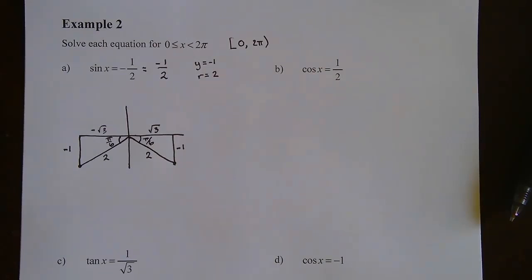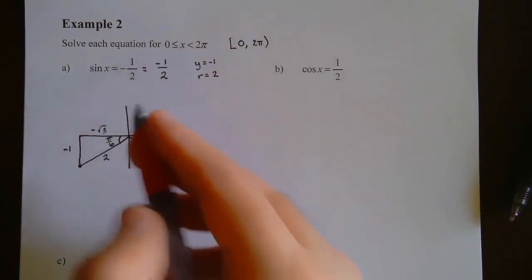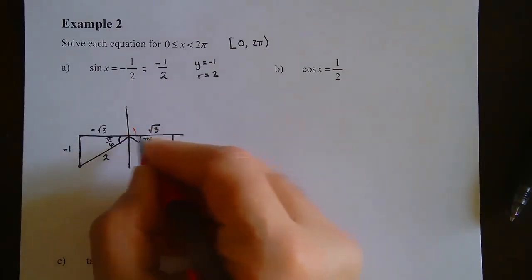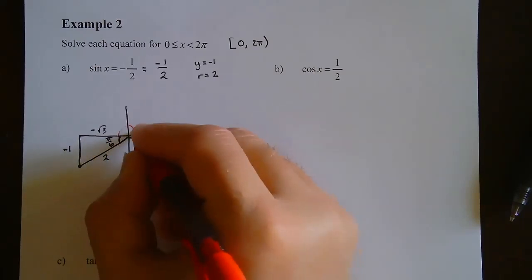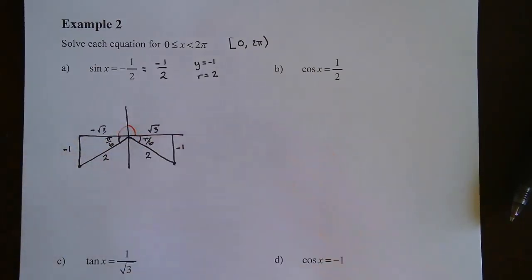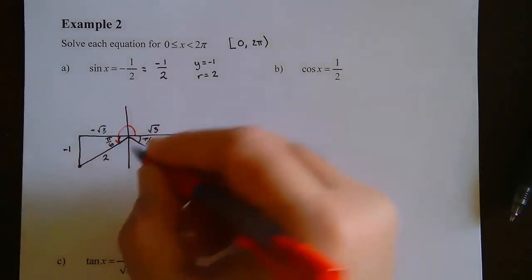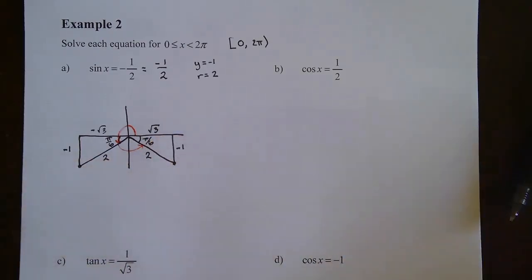What's my angle of rotation? My angle of rotation is this x value. So I'm going to rotate from the positive x-axis, because that's angle 0, all the way to here, or to here.